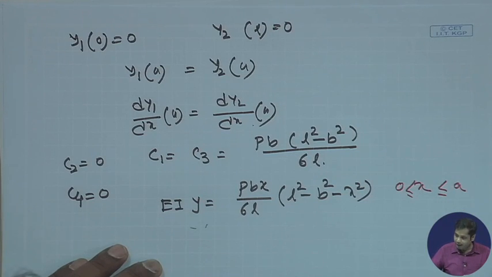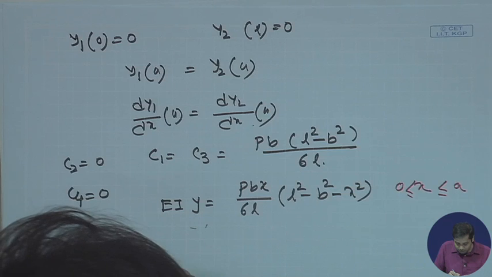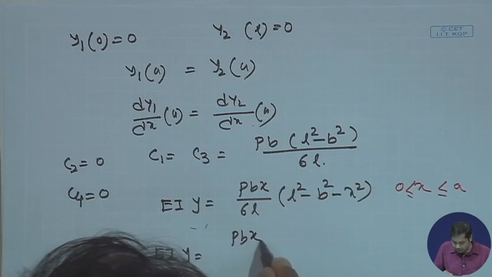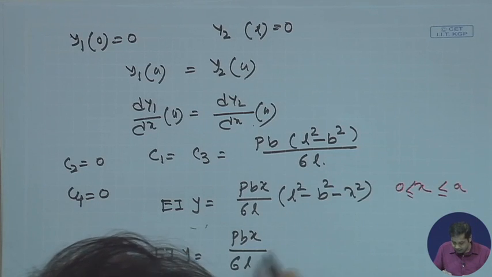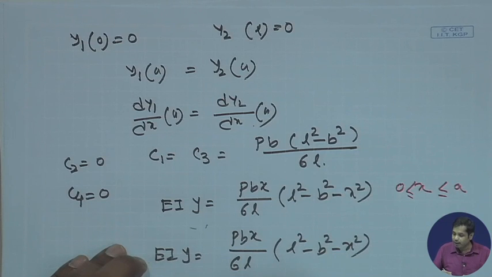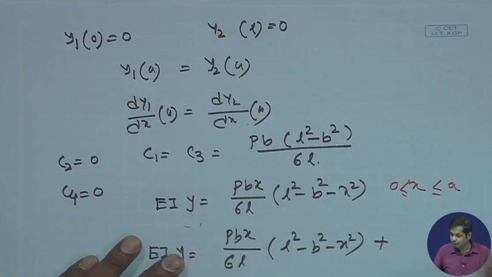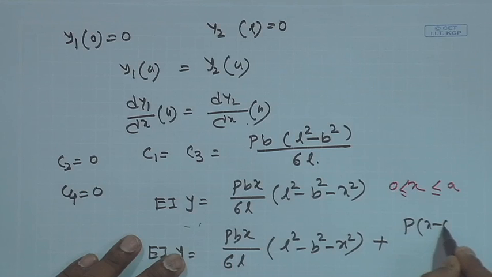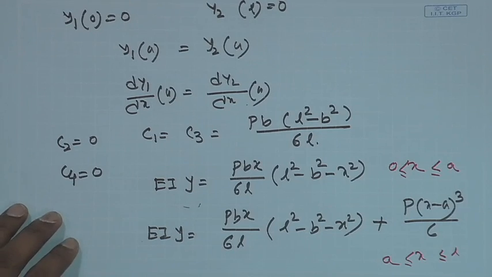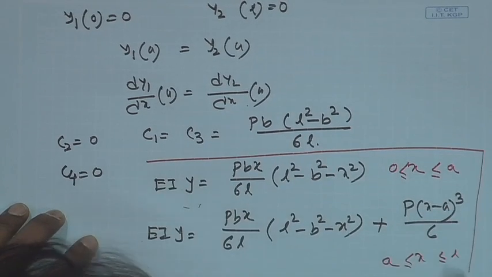And EI y is equal to P b x by 6L times (L square minus b square minus x square) plus P (x minus a) whole cube by 6, and this is for a less than or equal to x less than or equal to L. So, these are the solutions.